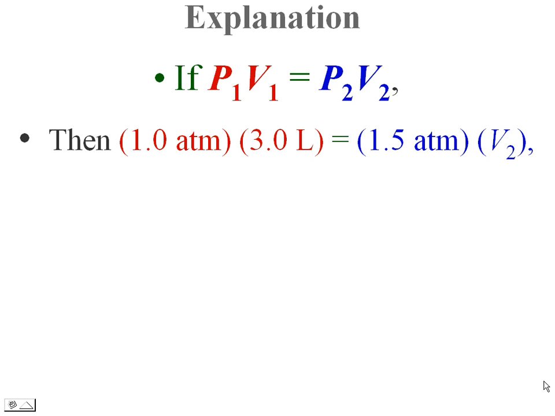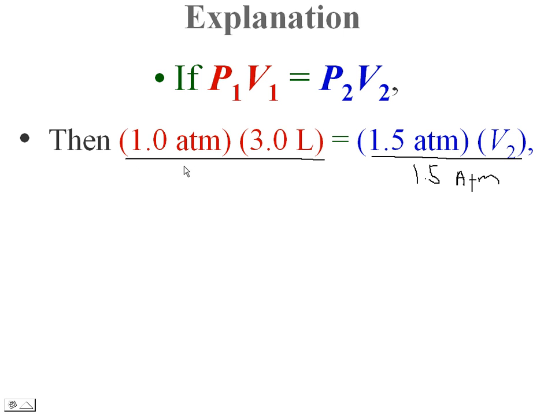Now what we are going to do is solve for V2. So in the process of doing that, we are going to divide this side by 1.5 atmospheres, ATM. And we need to do the same thing to the other side.